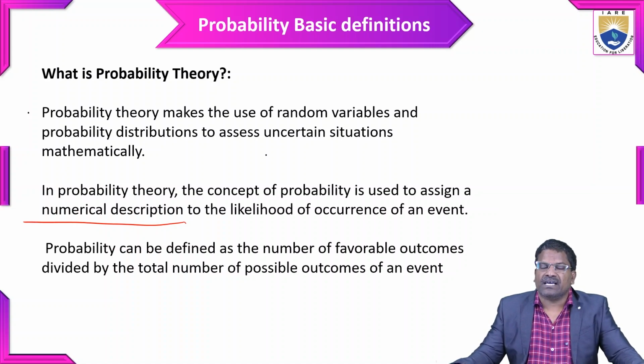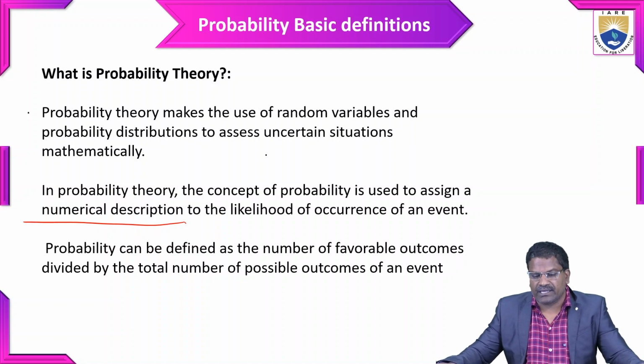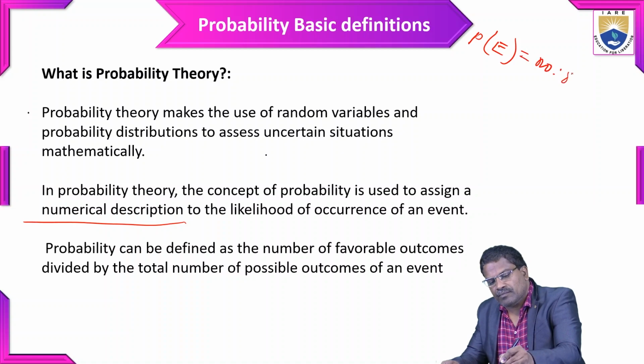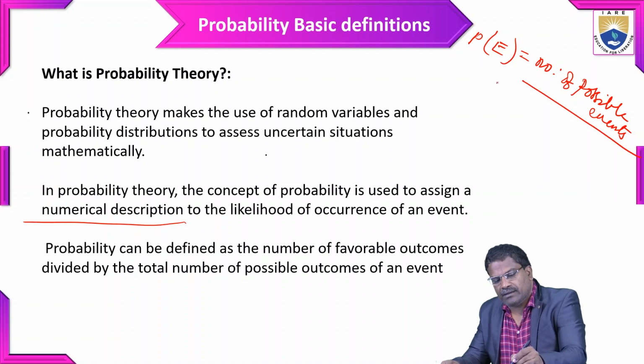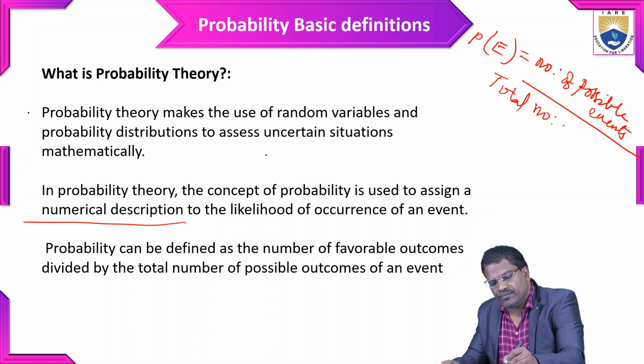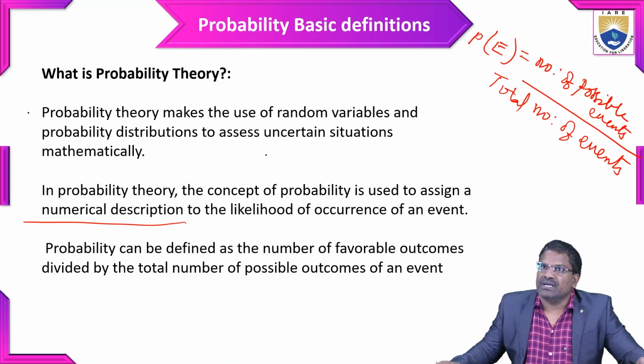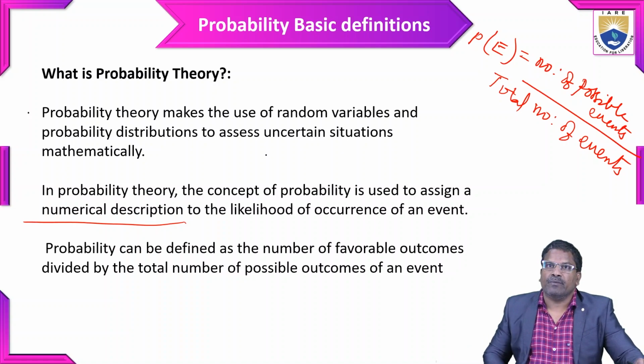So, if E is the event, then the probability of that event, P of E, is equal to the number of possible events divided by the total number of events. It is the mathematical definition of probability.